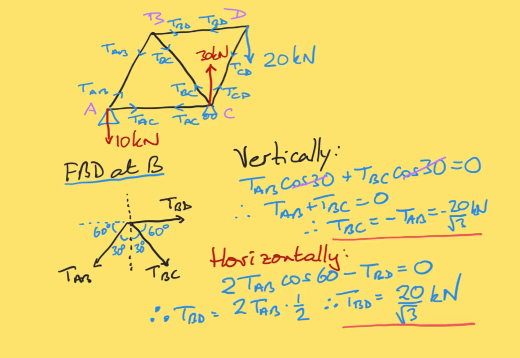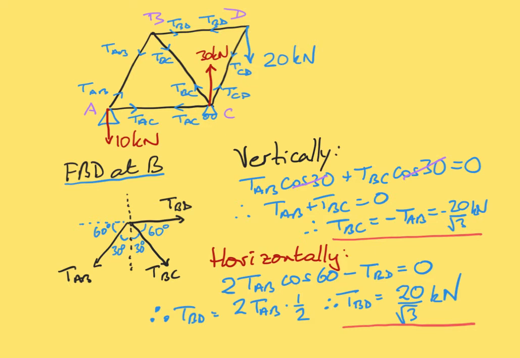What about horizontally? Well, the forces acting to the right are going to be TAB times the cosine of 60 here. But then this, because it's negative, is actually acting in this direction. So its horizontal component is TBC times the cosine, or minus TBC, times the cosine of 60.